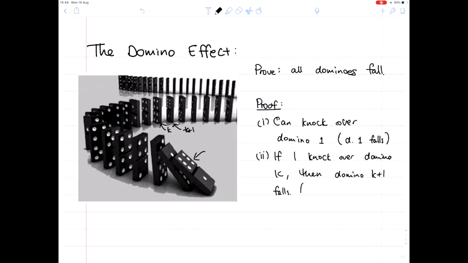So this is really saying that if domino k falls, then k plus 1 falls. And these are the two things that you know, and as a result, you conclude that all the dominoes fall over.